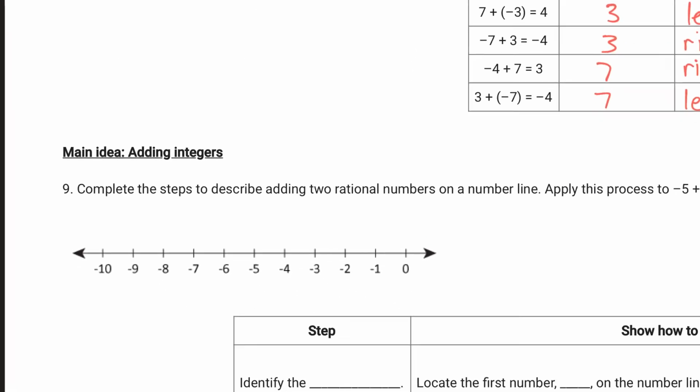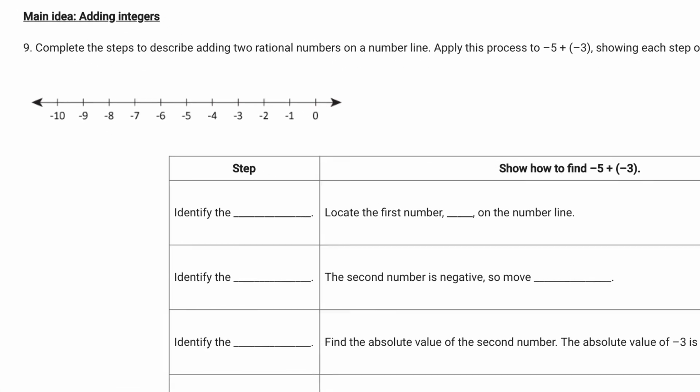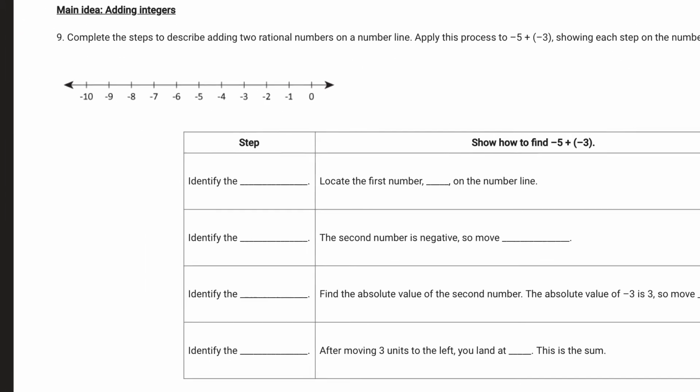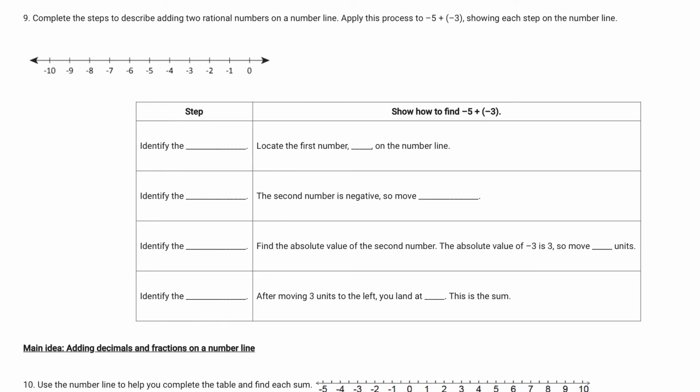Okay. So complete this. I have to keep zooming out here so you can see everything. So what we have is, complete the steps for adding 2 rational numbers on a number line. Apply the process to negative 5 plus negative 3, showing each step.